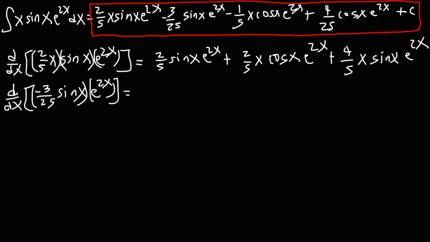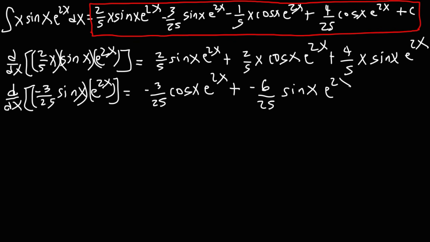So the derivative of the first part is going to be negative 3 over 25 times the derivative of sine, which is cosine. And we're going to leave the second part the same. Next, we need to differentiate this part, e to the 2x, which is just e to the 2x times 2. So negative 3 over 25 times 2, that's going to be negative 6 over 25 sine x e to the 2x.